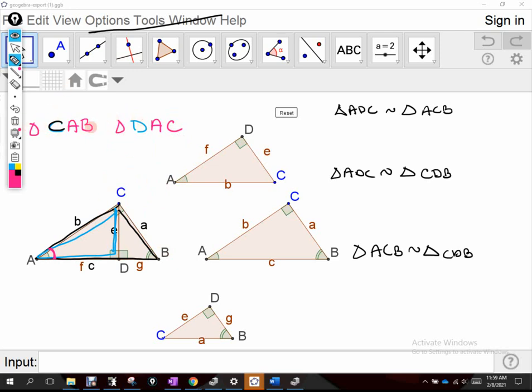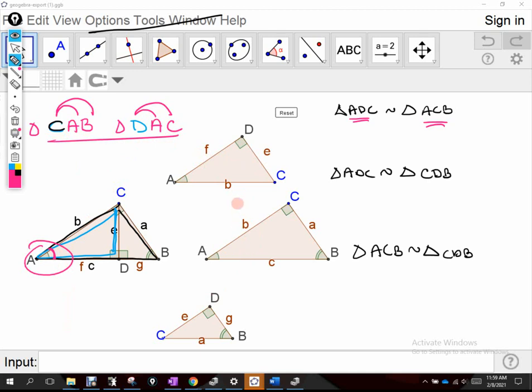Now, neither of these names are over here, but if I go A to D to C, that's that name right there, and start at A and go to C and then come back to B, that's that name right there, correct? Okay, so this demonstration here in GeoGebra is showing how we went through it by matching right angle to right angle and then reflexive angle to reflexive angle and get a triangle similarity.